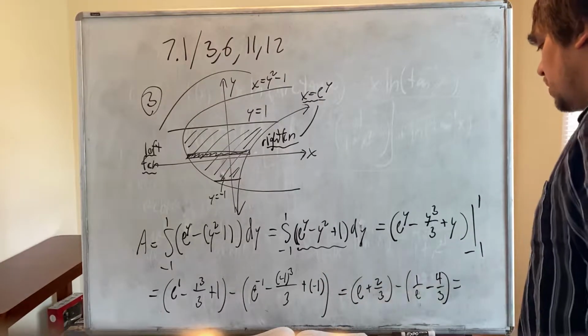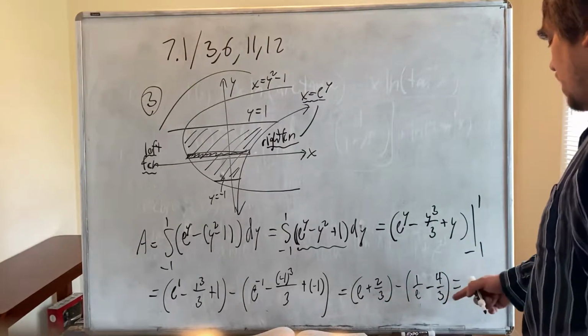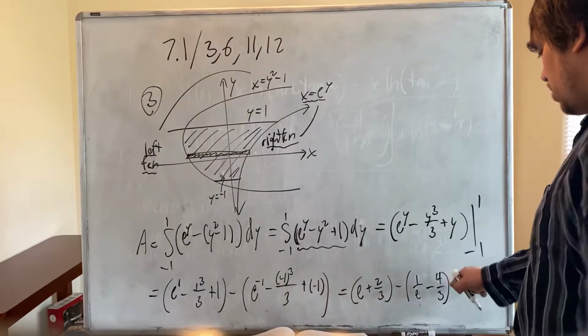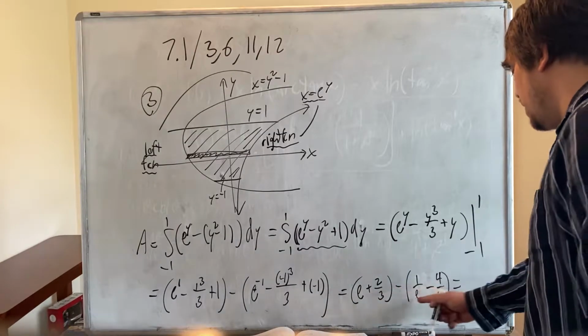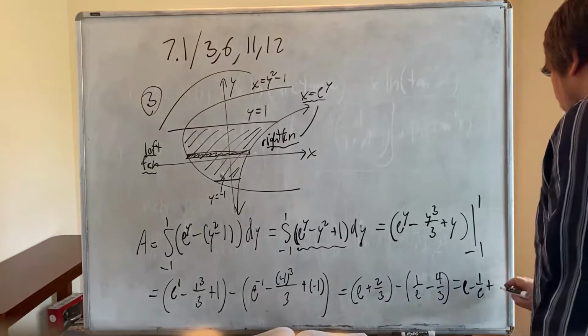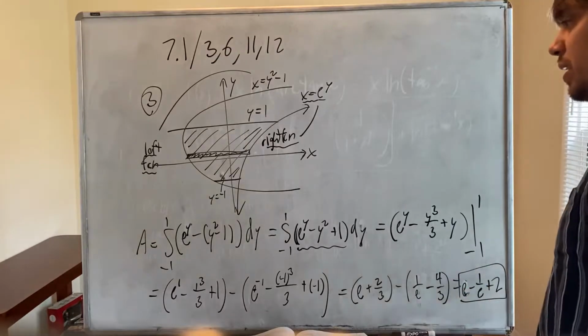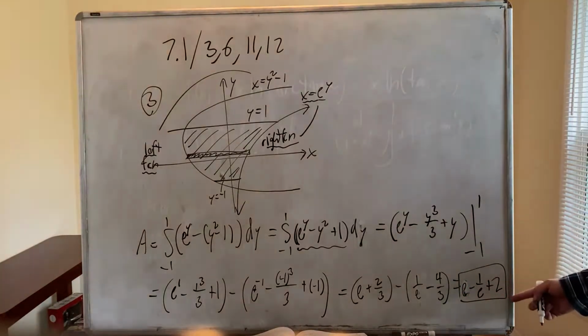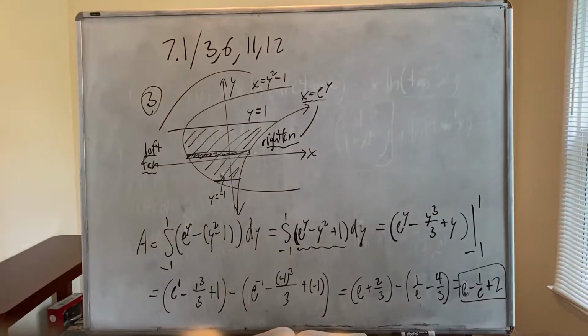Okay, so 2/3 minus negative 4/3 is 2/3 plus 4/3. That's 6/3, that's 2. So this is e minus 1 over e plus 2. That's the final answer. So the area is e minus 1 over e plus 2. That's the area of the shaded region for number 3.